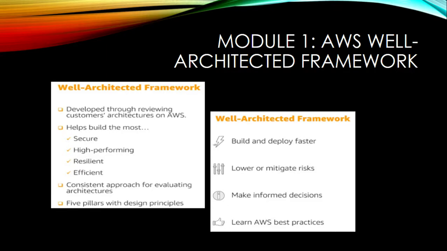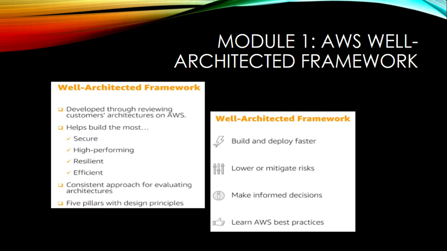This particular framework has been developed by AWS through reviewing thousands of customers' architectures on AWS, and it is designed to help us build more secure, performing, resilient, and efficient infrastructure. It also provides a more consistent approach, which helps in evaluating the architecture and implementing the existing design patterns.